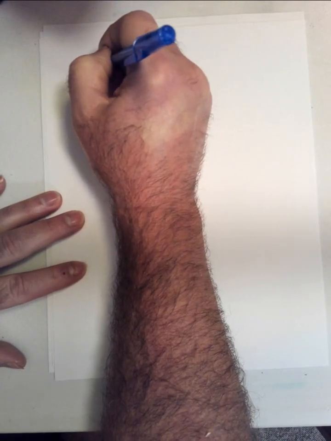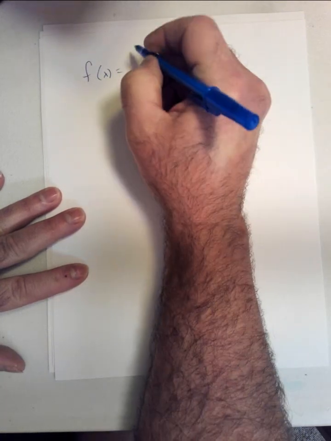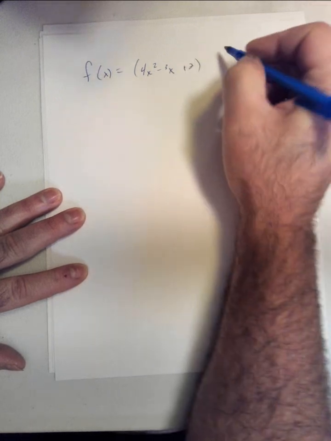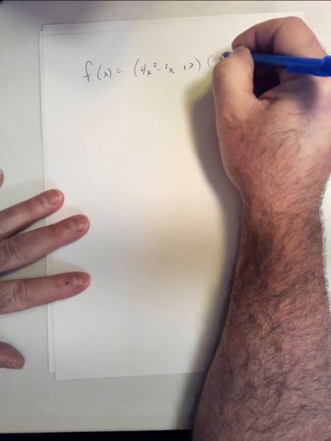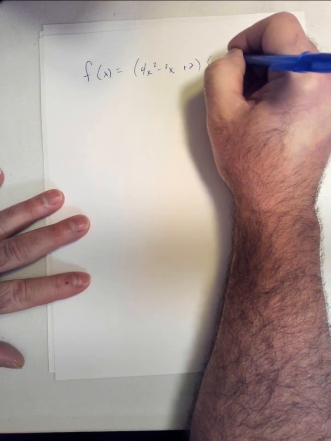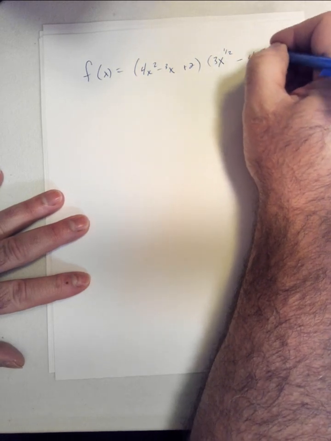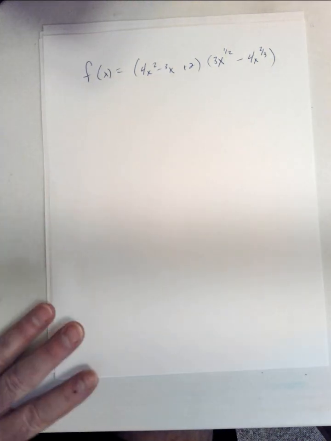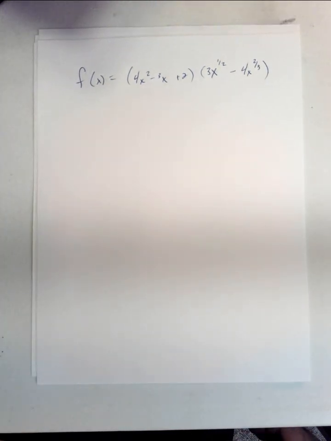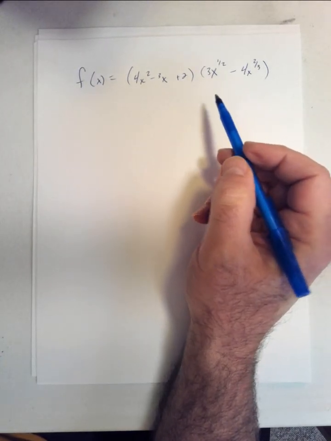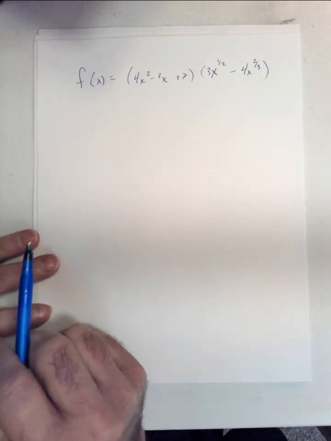Because if we have two different kinds of functions, for example, let's say I have f of x equals 4x squared minus 3x plus 2 times 3x to the 1/2 minus 4x to the 2/3. Now, if it's me and I'm looking for the derivative here, I'm not gonna FOIL this. I just think that would be a little more difficult than just going ahead and applying the product rule.